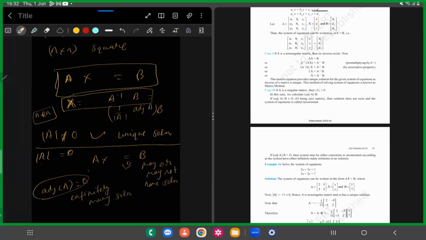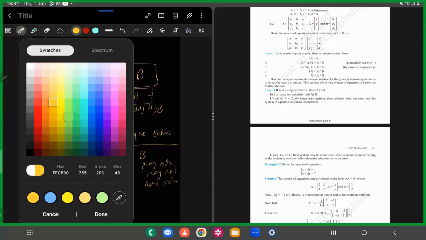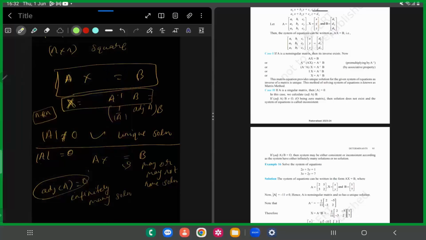These infinitely many solutions arise because some equations are overlapping, like 2x + 3y = 6 and another equation, let's say 4x + 6y = 12. You know that these two equations basically represent the same equation, so there might be infinitely many solutions for this system.